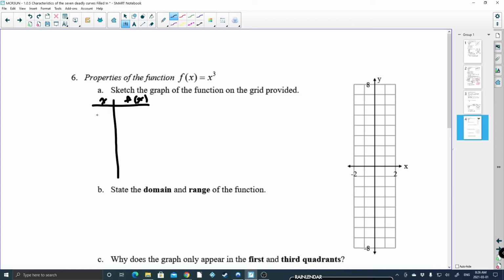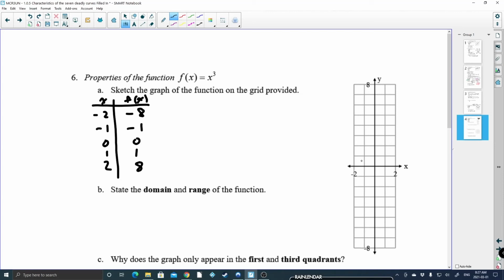Generally speaking, I think if we go to -2, we're good enough for the cube function. -2 cubed is -8. Remember that a negative inside of a cube is going to repeat itself 3 times. So -2 times -2 times -2 is going to give a negative value. -1 cubed is -1, 0 cubed is 0, 1 cubed is 1, 2 cubed is 8.